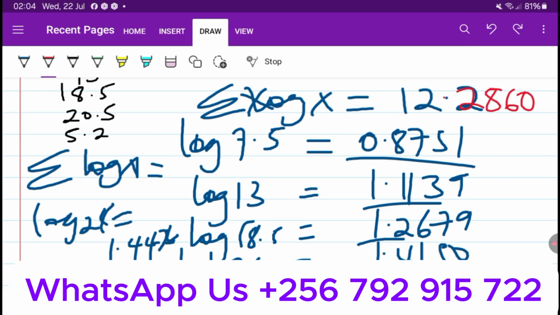You make sure you compute all those values to get the summation log x. Now once you have gotten the summation log x, now we are going to get the antilog.